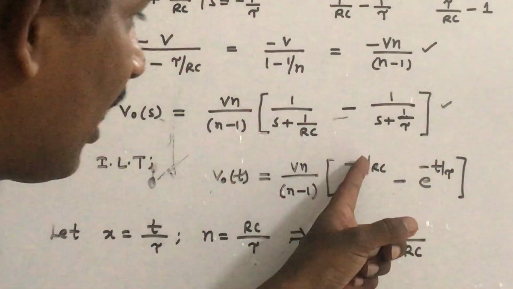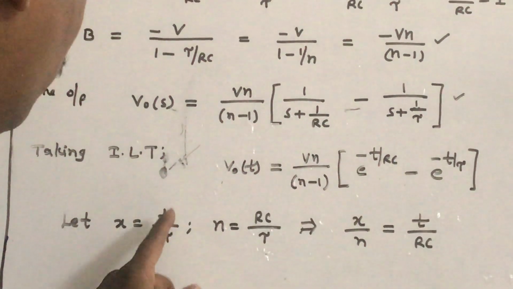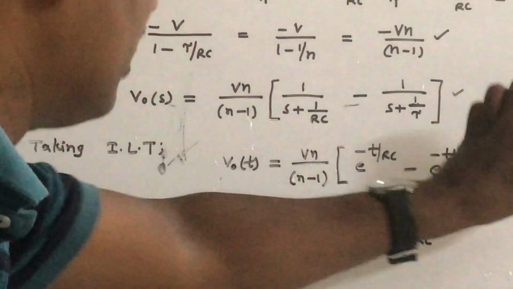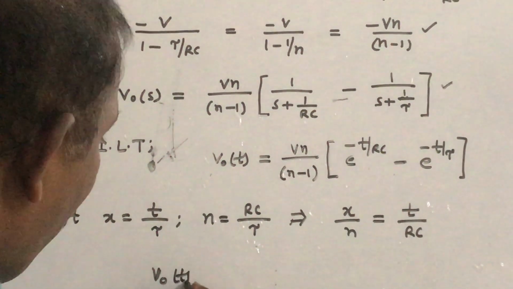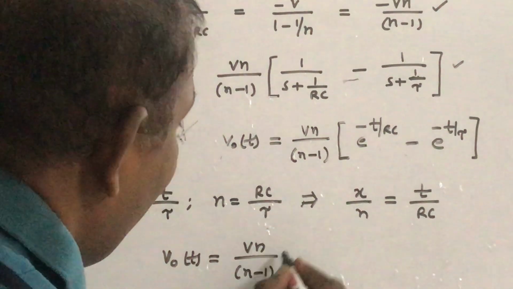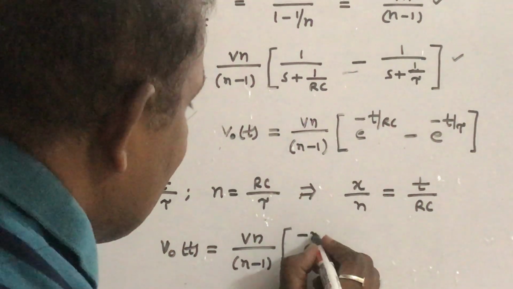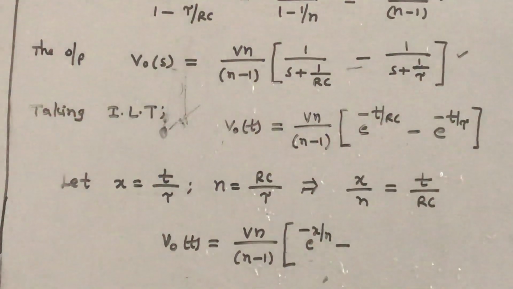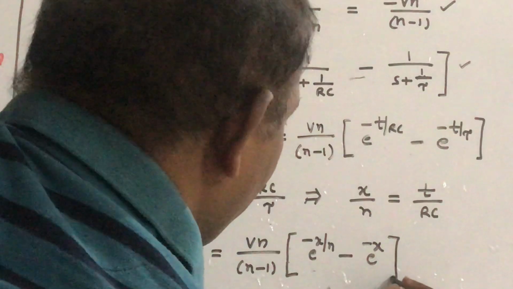So in this term, t by RC is replaced by x by n, and t by tau is replaced by x. So let us write the final equation: V0 of t is Vn by n minus 1 into, e power minus x by n, minus e power minus x.